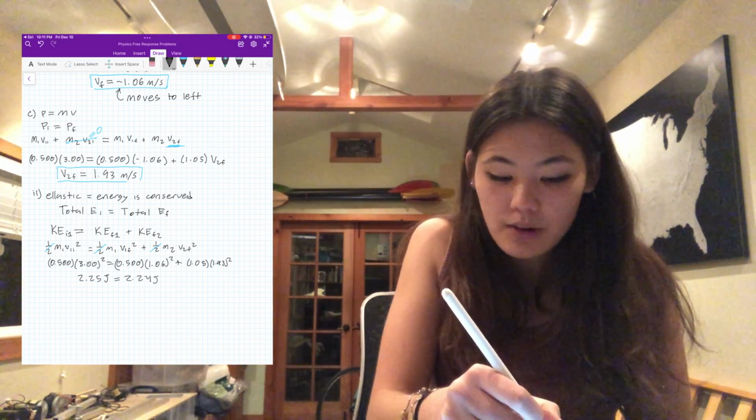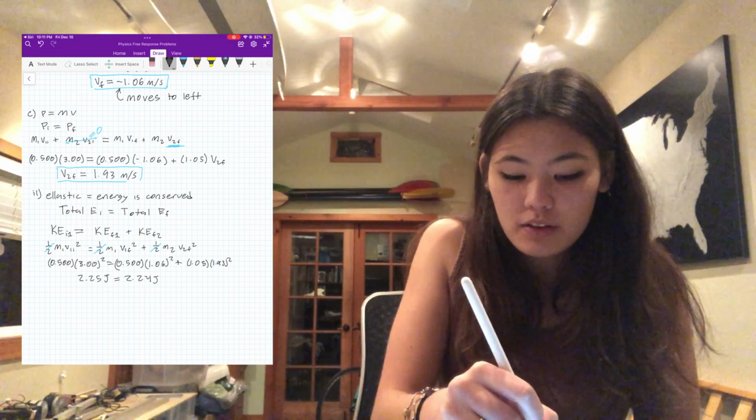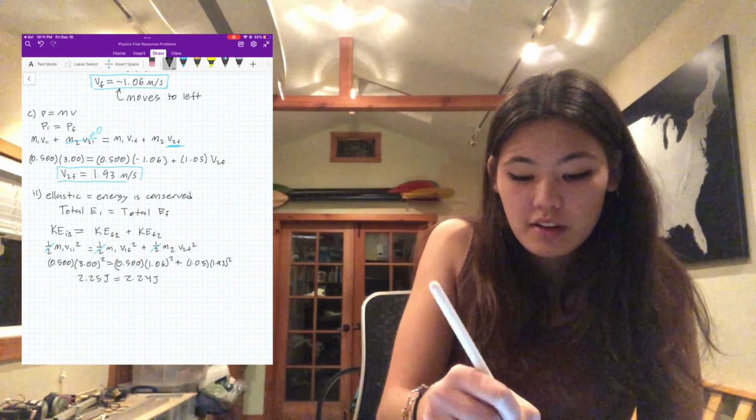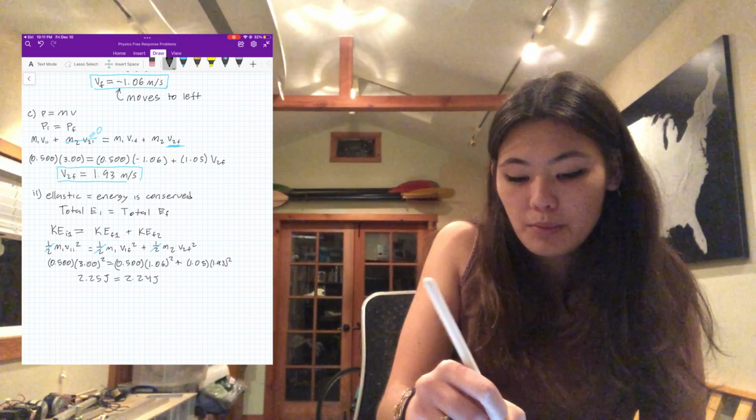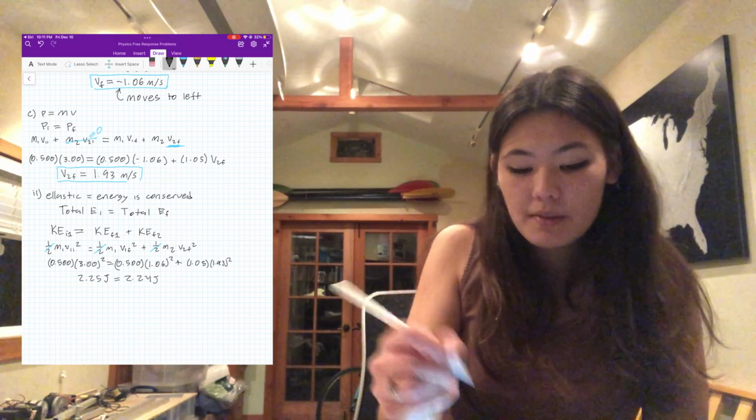And then we will get that the left side of this equation is equal to 2.25 joules, and the right side is equal to 2.24 joules. The values are not exactly the same number. They're very, very close. And we can say that this small difference is due to rounding errors in our math. And so this still shows that the collision is elastic, in which energy is conserved.